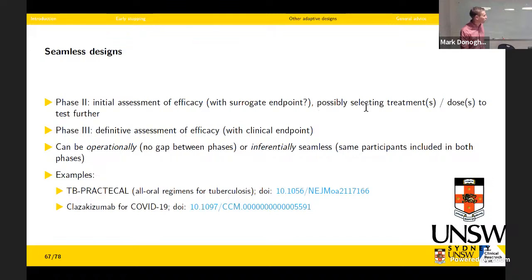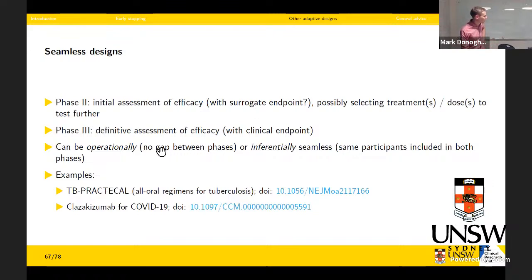And you might have a bunch of treatments, and you might just choose a couple of them that you want to test further, some that are looking promising in this initial phase. And then phase 3 is like the definitive assessment of efficacy using like a longer term clinical endpoint. And a seamless design basically puts these into one study.